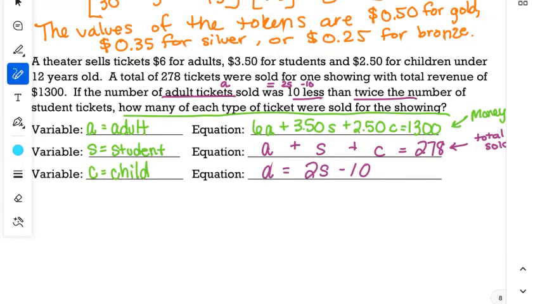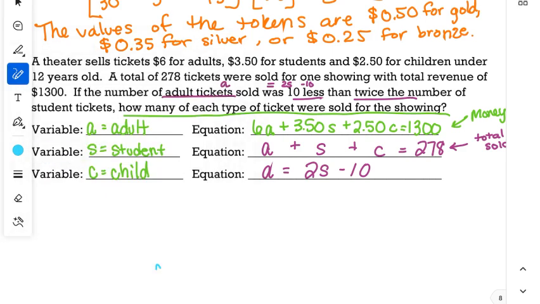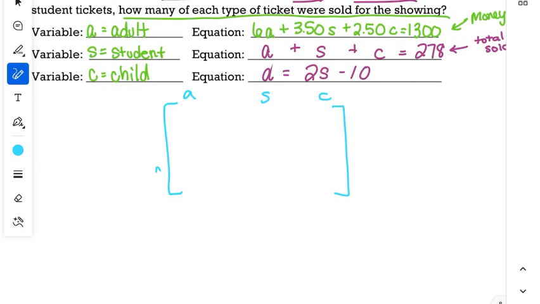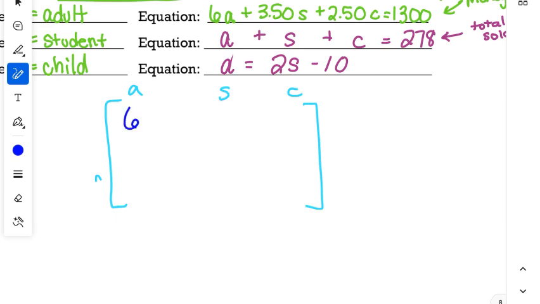Okay, so we have the equations, so now we need to make a matrix out of it. As long as it's in A, S, C order. So you can decide what order. So this would be our matrix. So this one is in the A, S, C order. So the first numbers would be 6, then 3.50, then 2.50.